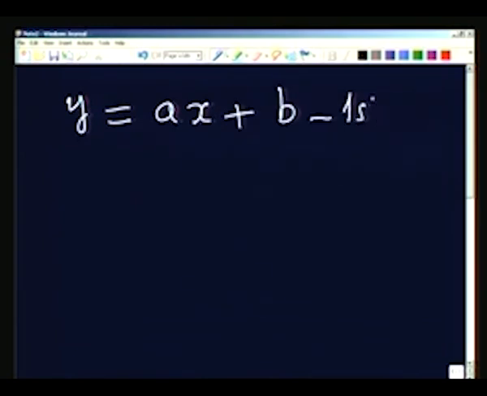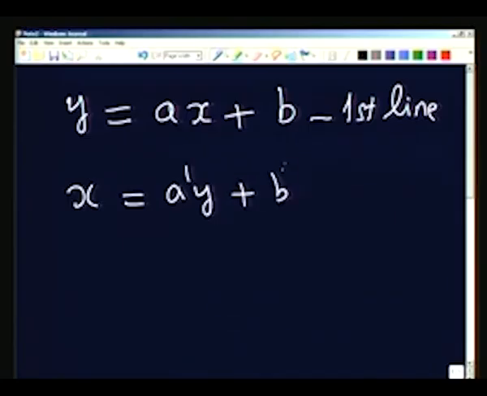I took y is equal to ax plus b. I will call this the first line. I could also have taken x equal to some a dash y plus b dash.